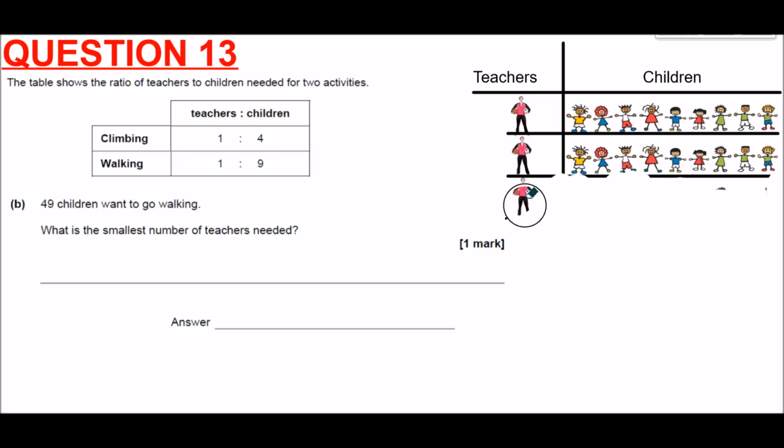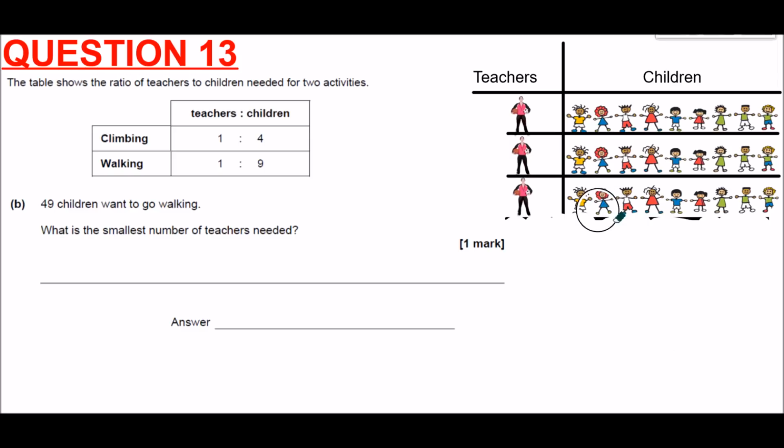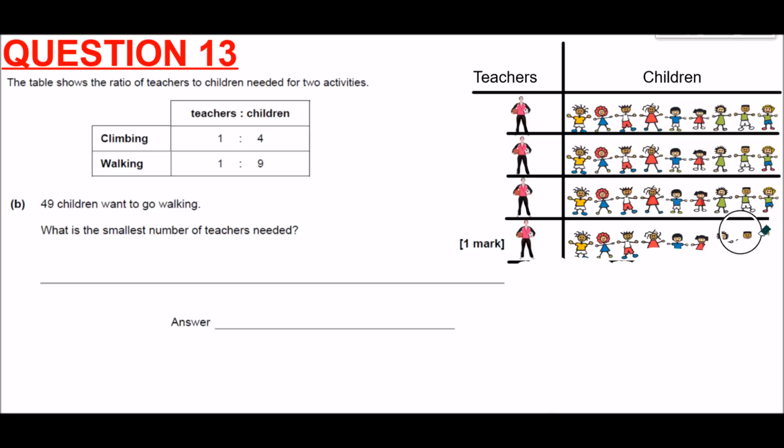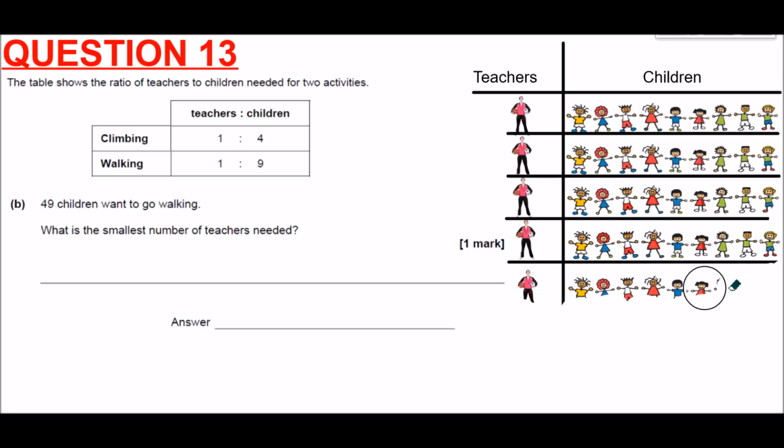So 3 teachers could look after 3 lots of 9 children. 3 lots of 9 would be 27 children. Still not enough. A 4th teacher comes along. That teacher can look after another 9 children. Still not enough. 9 plus 9 plus 9 plus 9 is 36. Add in another teacher. That's another 9 children, which comes to 45.